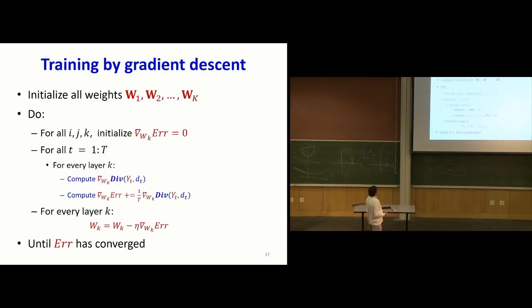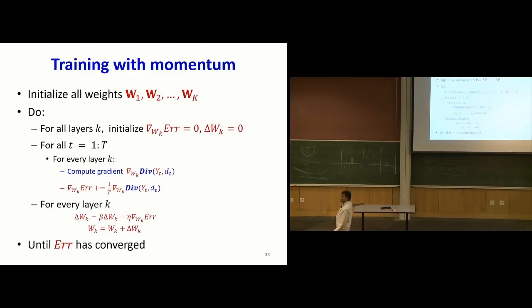So the overall process is going to look something like this. Here is the original training by gradient descent, where you would initialize everything, then you'd go through all of your training data, compute the average gradient, and then take a step against it. This is the standard gradient descent. If I change this to the momentum method, here's what it's going to look like.